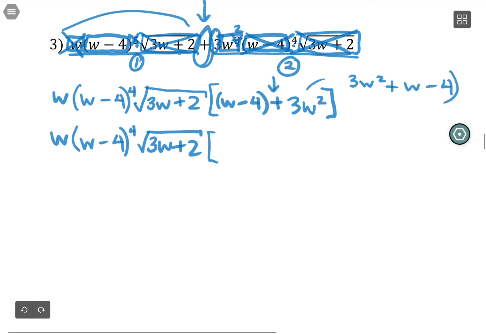I don't really need the brackets, but I'm going to keep them there so you can see. I think I can do 3w and w and 4 and 1 so that I get 3w, 4w. And if I can make that a positive 3w and a negative 4w, I think I'm good. So that is looking fully factored.